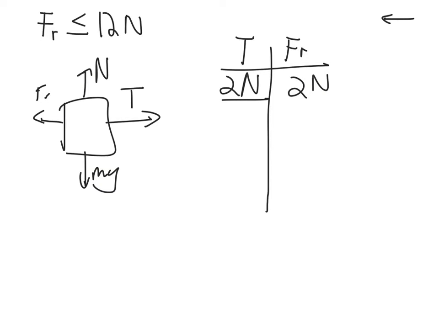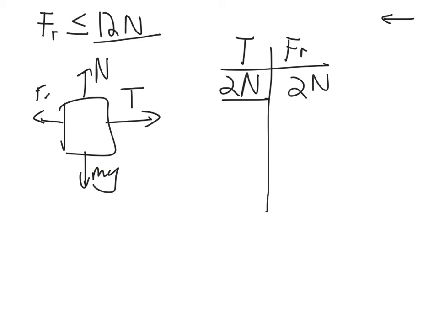If you've just got an object sitting on the ground, let's say it's a sofa or a chair, and you're pushing on it a little bit, it doesn't start moving back the other way that you're pushing. The force of friction for static friction matches up to whatever its max is, in this case 12 newtons.